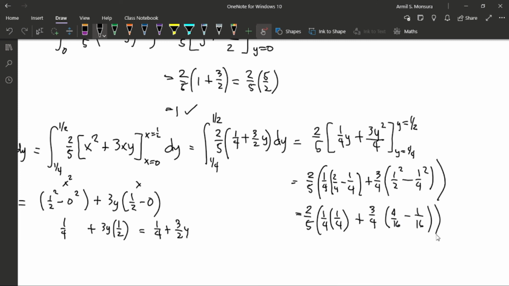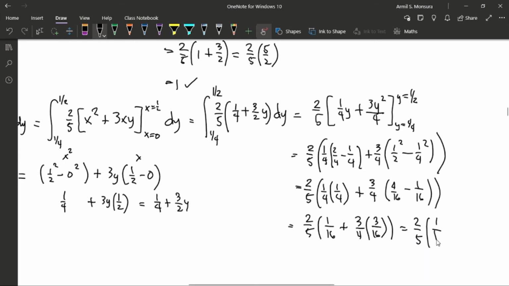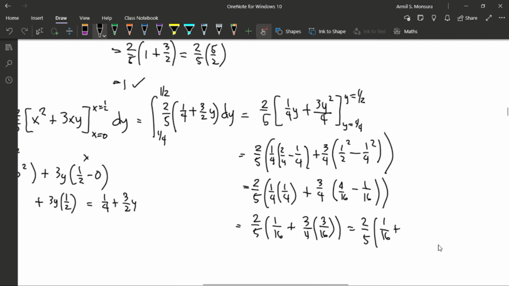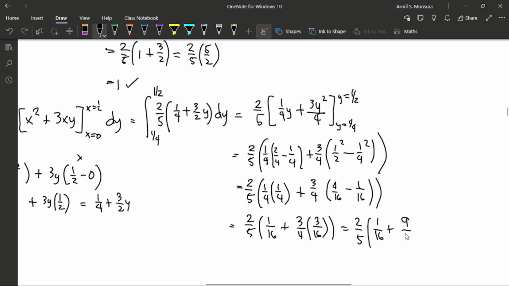Okay. So this is essentially 2 over 5 multiplied to 1 over 16 plus 3/4 multiplied to 3 over 16. Okay. Which is 2 over 5 multiplied to 1 over 16 plus 9 over 64. Okay?